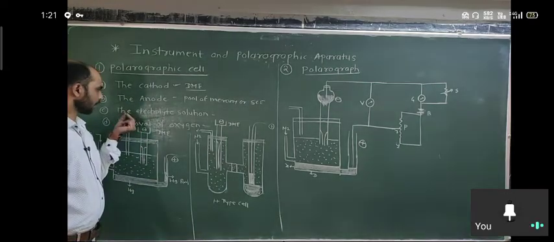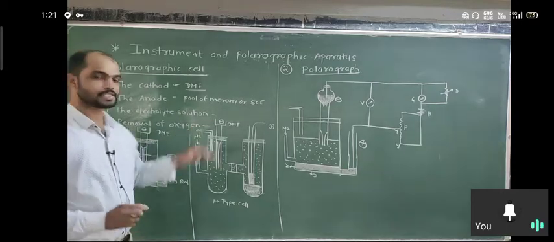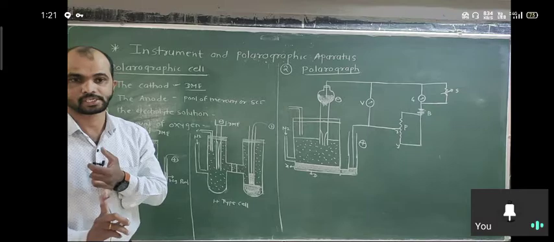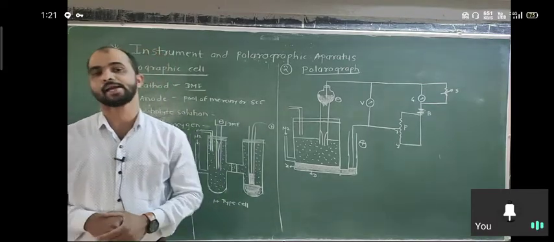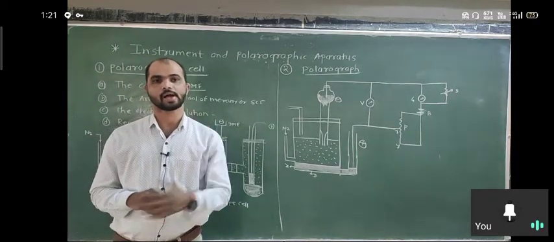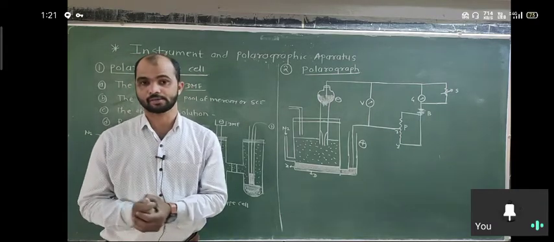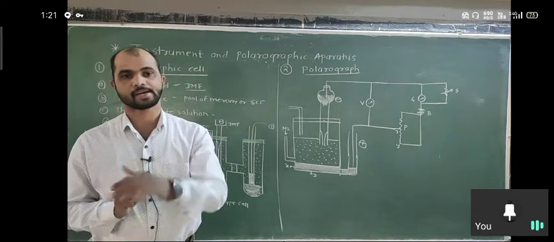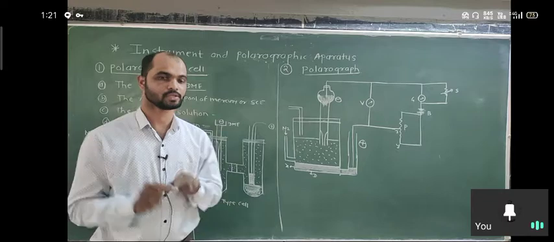The third point is the electrolyte solution. What is the electrolyte solution? It is the solution containing the sample which is taken to be analyzed. The analyte is present, and with that saturated or highly concentrated potassium chloride is used as a co-electrolyte. With that some gelatin is added as a suppressor. So three components are present in the solution.